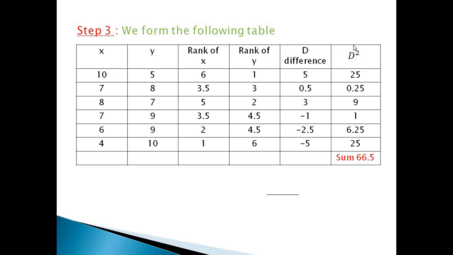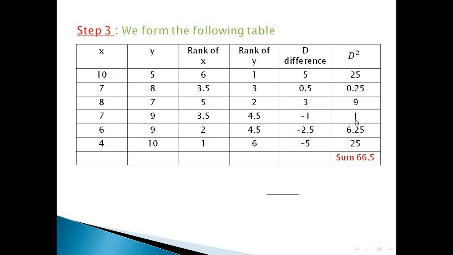And we need in the formula d squared, the difference to the power of 2. It's easy to find it by multiplying the difference by itself. 5 times 5 give me 25. 0.5 to the power of 2, or 0.5 times 0.5 give me 0.25, and so on.